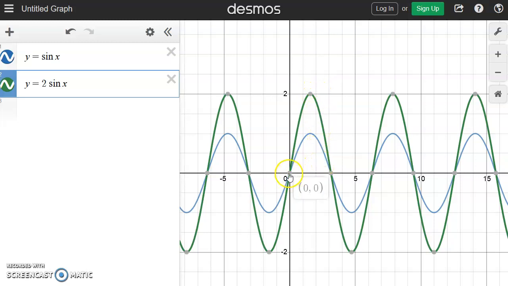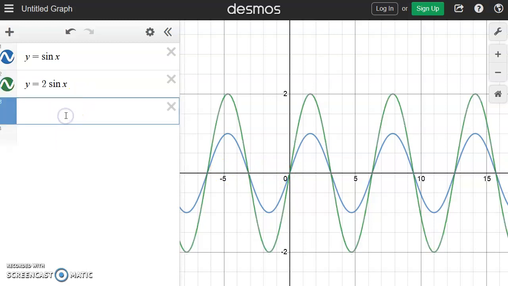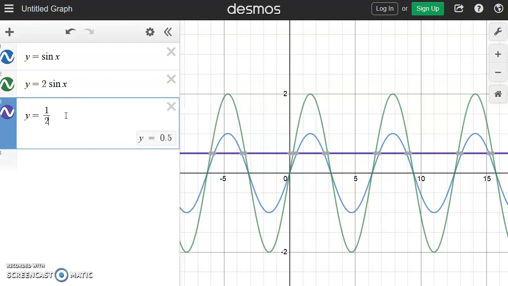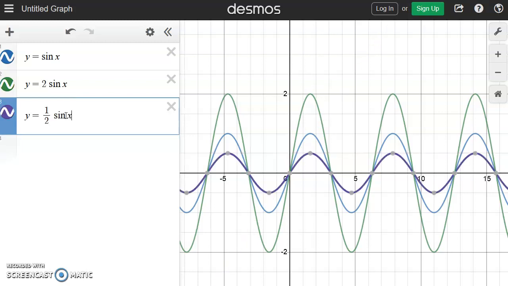You can see the whole graph is being stretched vertically, right, by a factor of 2. And if I want to graph y equals 1/2 sine of x, you can see this purple one is the graph, and you can tell the graph is being compressed by a factor of 1/2.